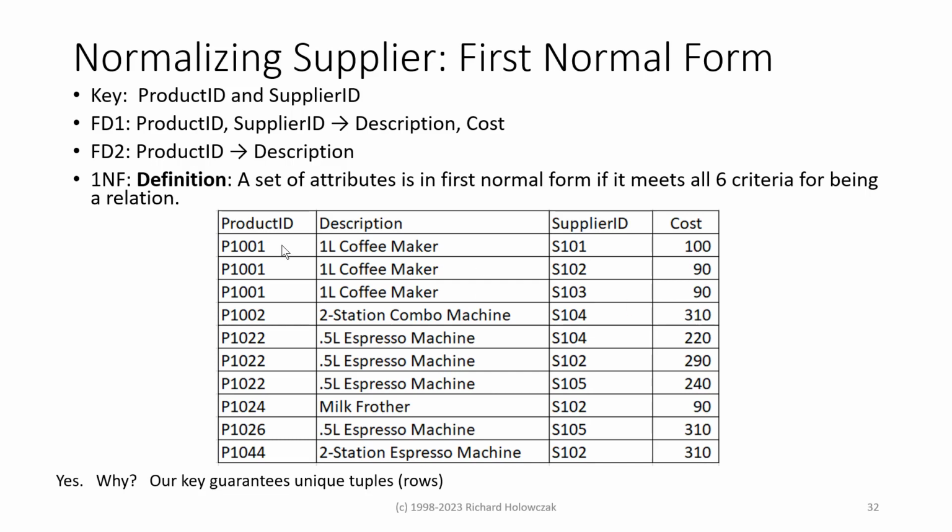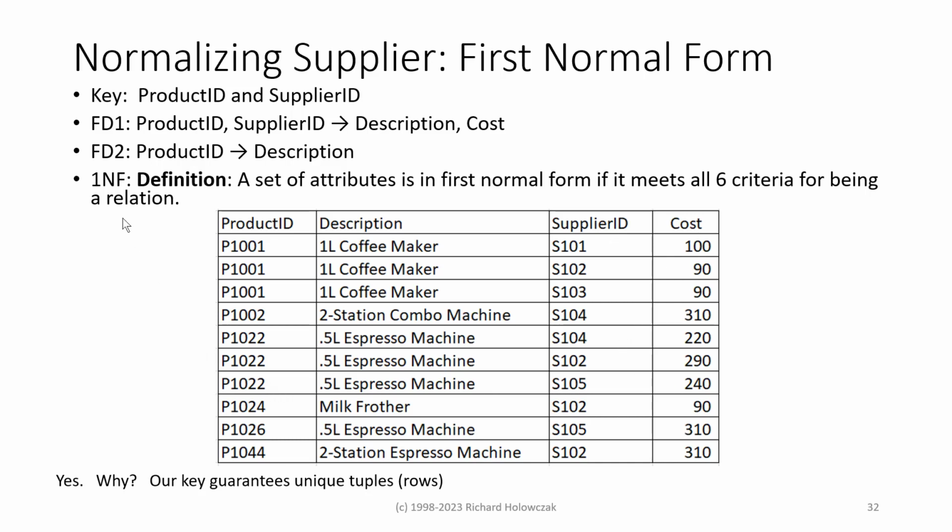As far as the tuples are concerned, the order of tuples doesn't matter, and we have a well-defined key, product ID and supplier ID, that guarantees our tuples are unique. Oh, I think I left one off. Yes, the attribute values are atomic. They're single valued. Only one product ID, one description, one supplier ID, and one cost.